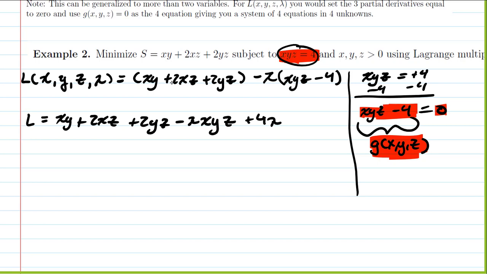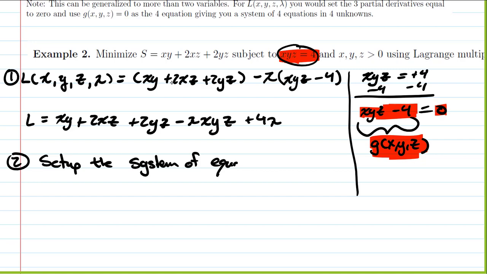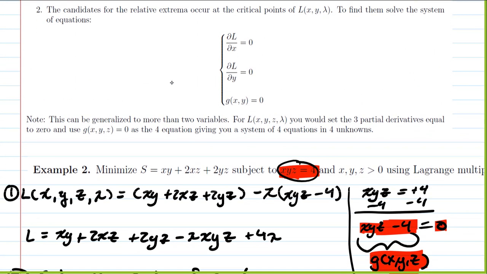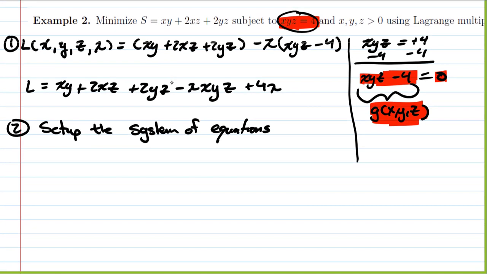So now we need to set up the system of equations. That was our step 1. Step 2 is we set up the system of equations. Remember, our equations are, we set all of the partial derivatives equal to 0, and then our constraint equation that we came up with.